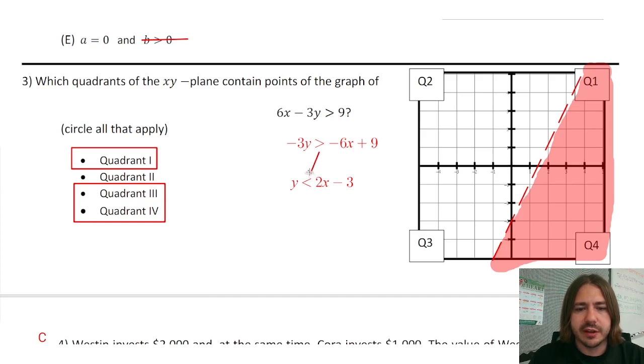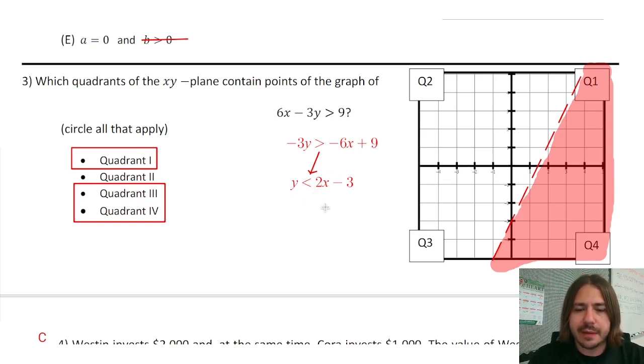Notice here the inequality symbol flipped from greater than to less than. The reason for that is because we are dividing both sides by a negative. Anytime you multiply or divide both sides by a negative number, you do have to flip the inequality sign. So once we do that, we get y is less than 2x minus 3.